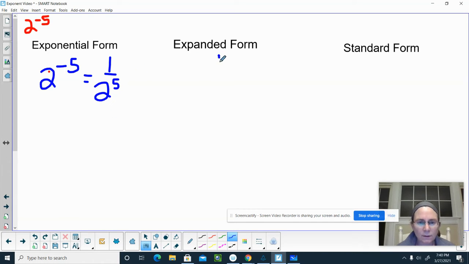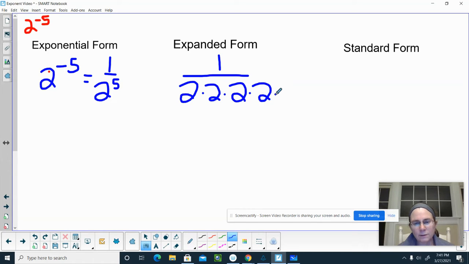When we expand it out, as long as we have a negative exponent, we're going to put 1 in the numerator: 2 times 2 times 2 times 2 times 2. And then we're going to do the standard form by multiplying that all together. 2 times 2 times 2 times 2 times 2 is 32. So this becomes 1 over 32.